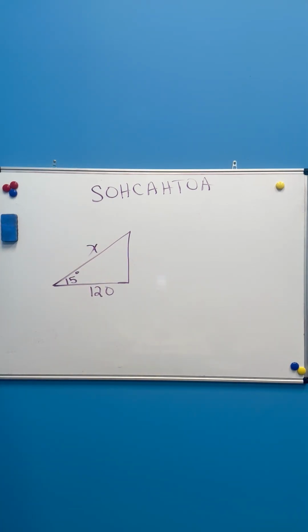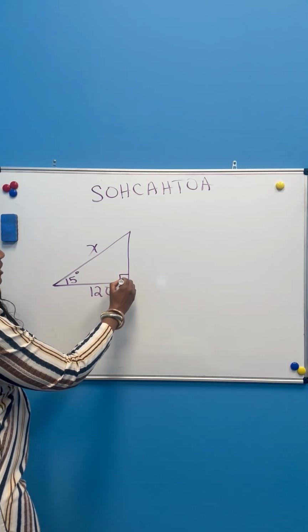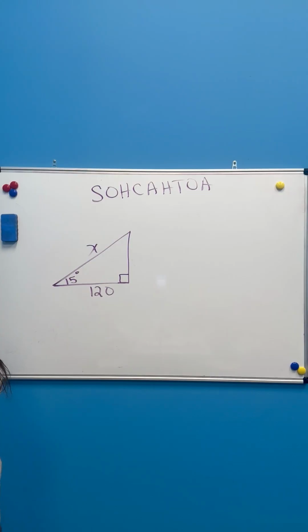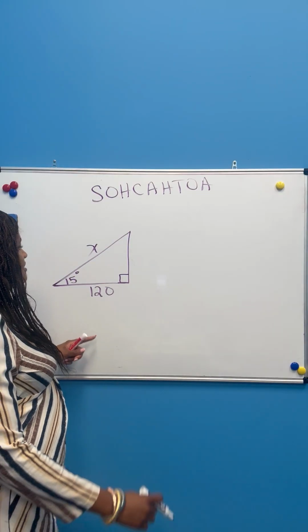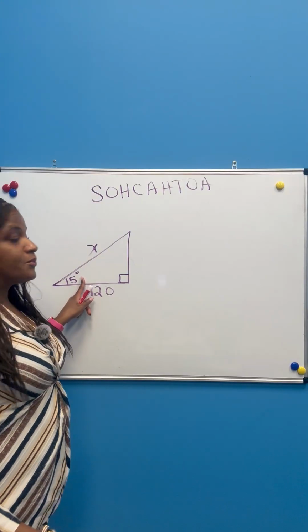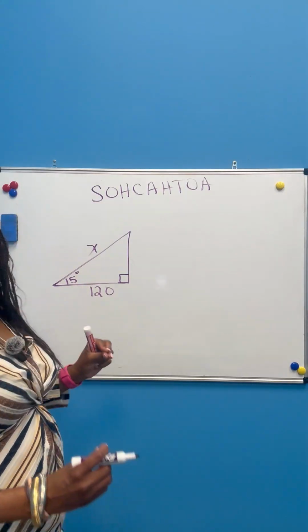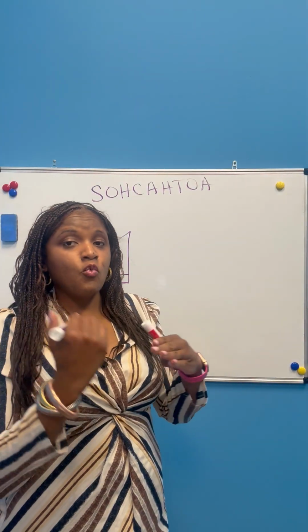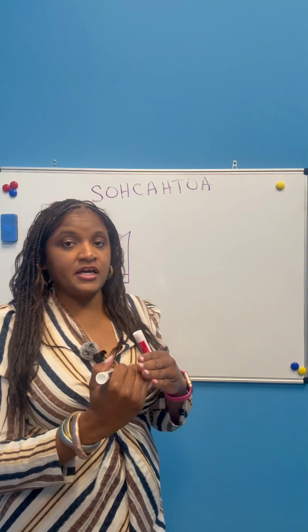In this particular problem, we're looking for the hypotenuse. How do we know it's the hypotenuse? It's the side that is opposite the right angle. We have the given angle, and we have the adjacent side. That is the side that is right next to our given angle.